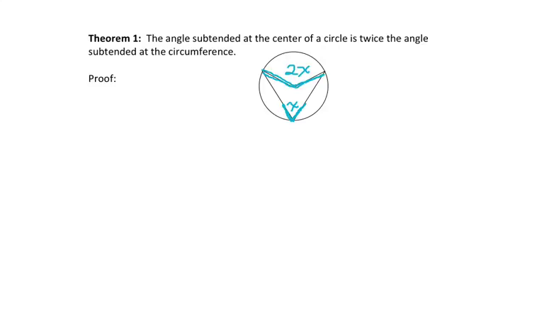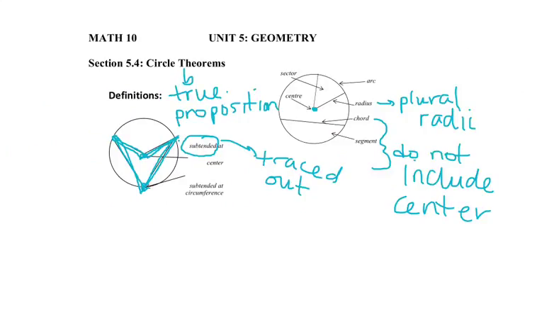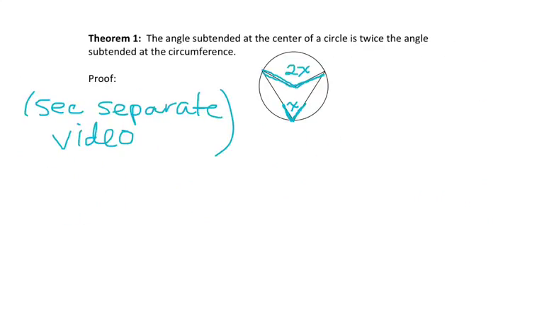To help not confuse people, I'm going to do proofs in a separate video. If you want to see the proof, please come look at the next video I'm going to make. Otherwise, we're just going to take this theorem, and going back to our definition, a theorem is something that we take to be true. So if you believe me that that's true, that's Theorem 1.